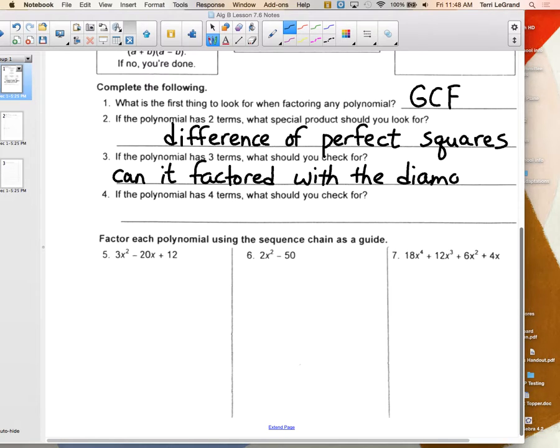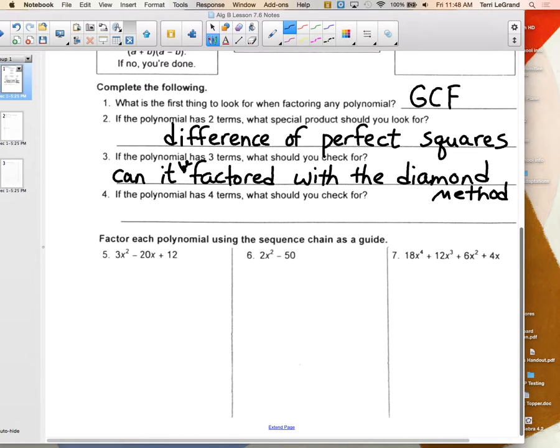So we're going to set up our diamond according to whether A is 1 or A is not 1. We know what we have to do in either case. So can it be factored with the diamond method? You're going to check it out and see if you can do that.